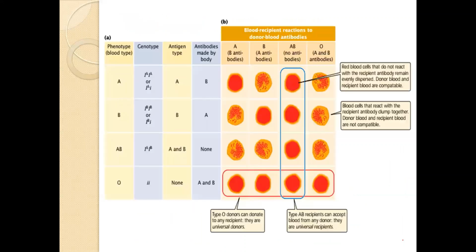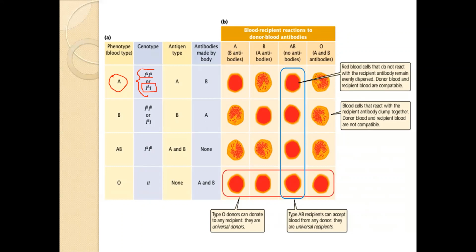We all know that. So this is the case of the ABO blood grouping pattern. In the case of A, there may be two different combinations, either IAIA or IAi.